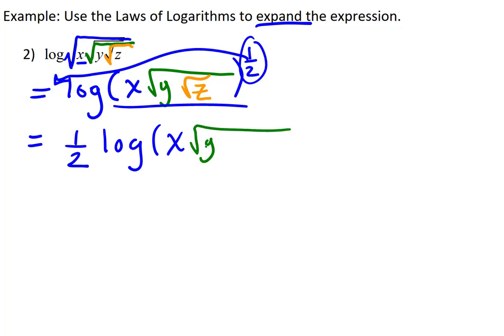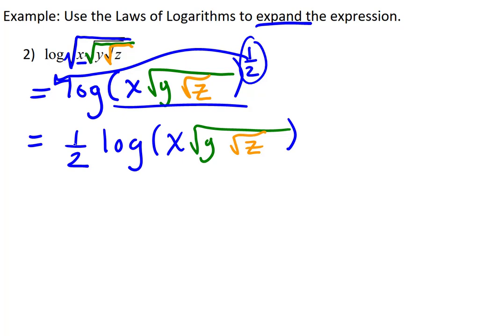Now I'm using the green color for this, which includes the square root of z inside of it. Now I'll close up the outermost blue parentheses. So we've taken care of one of the roots by taking its power of 1/2 down in front.